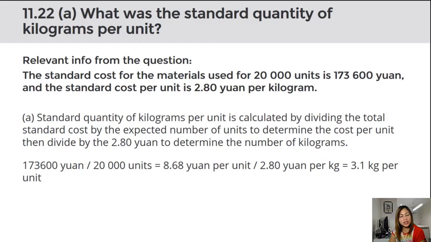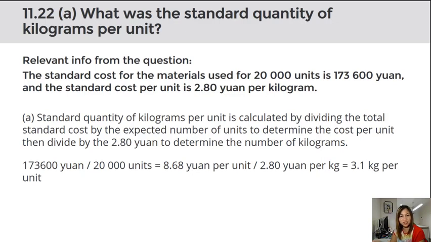Okay, so 173,600 yuan divided by 20,000 units is equal to 8.68 yuan per unit. Then you need to divide this by 2.8 yuan per kilogram, resulting in 3.1 kilograms per unit.